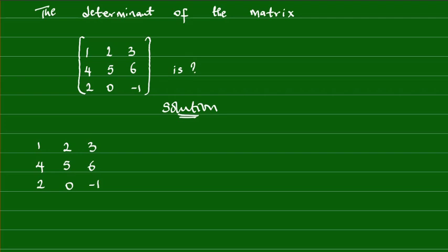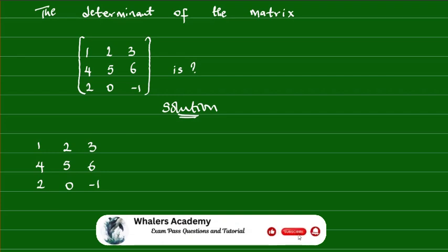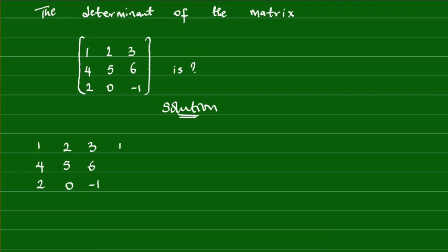Now we'll do a recopy of our first two columns. So we're going to have a column 4 and a column 5 from column 1 and column 2. So we have 1, 4, 2. Next we have 2, 5, 0.